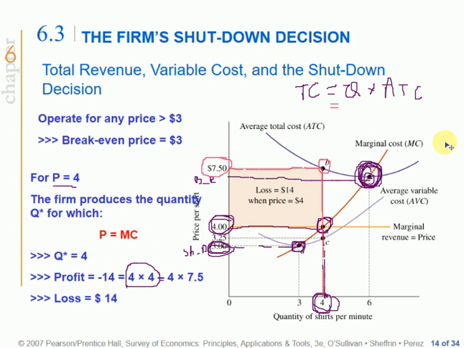So the total cost here is equal to 4 times 7.5. It's equal to 30. So finally we find that the profit of the firm is equal to 16 minus 30. The firm is losing $14.